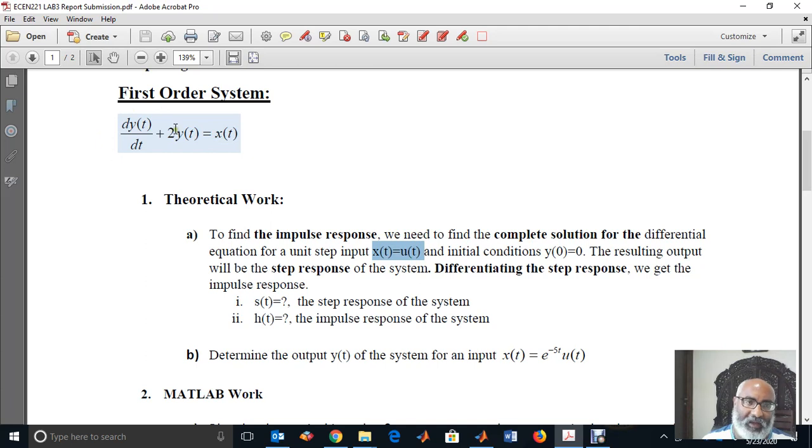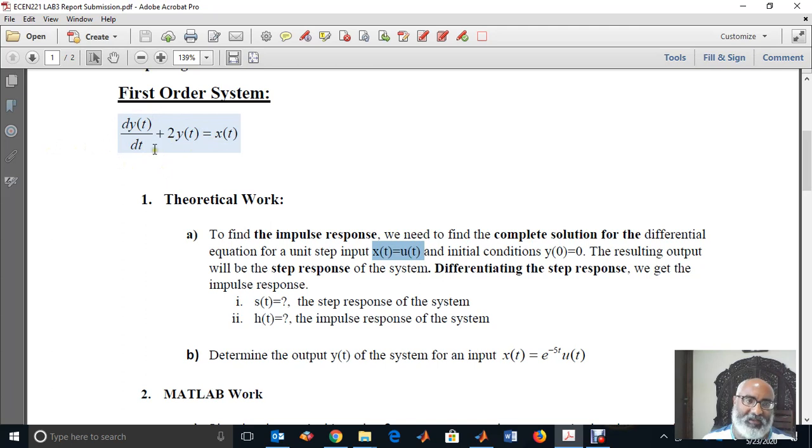For the case of the A's, A0 will be 2, the coefficient of y of t, and A1 will be the coefficient of dy by dt, the first derivative. So this way, we will make the A vector. The A vector consists of all the coefficients of the derivatives of y.